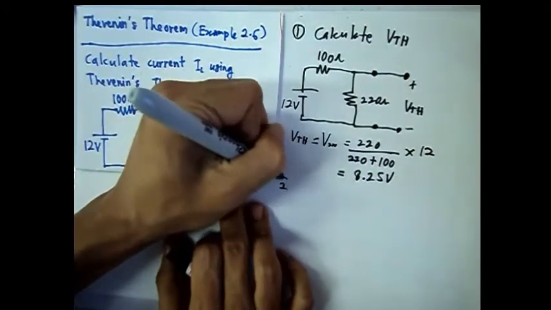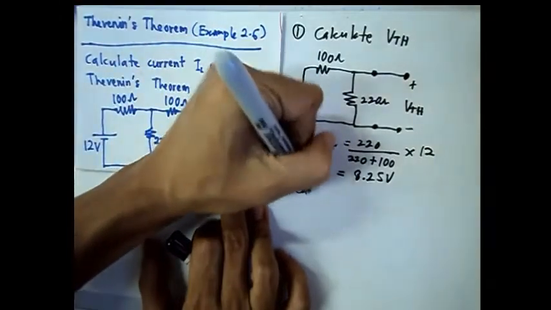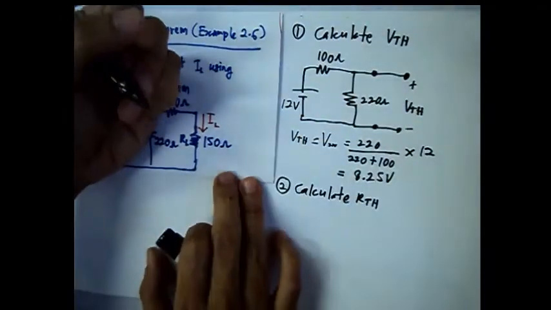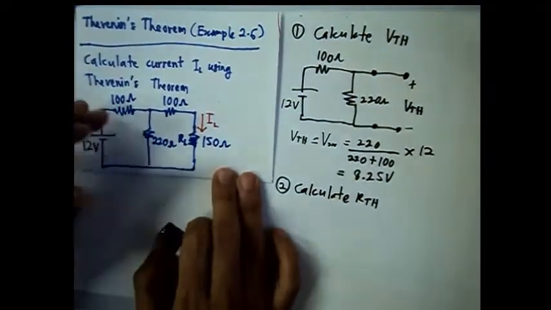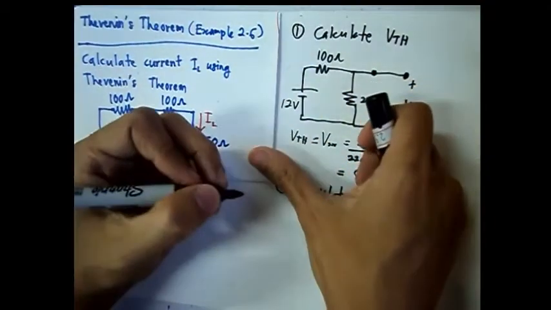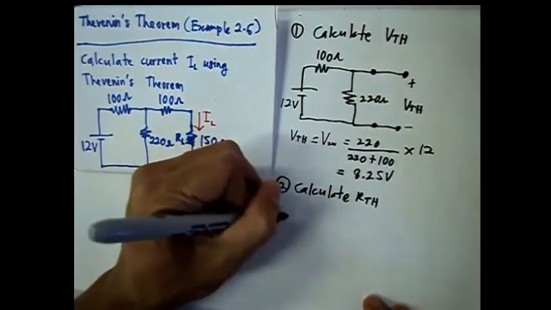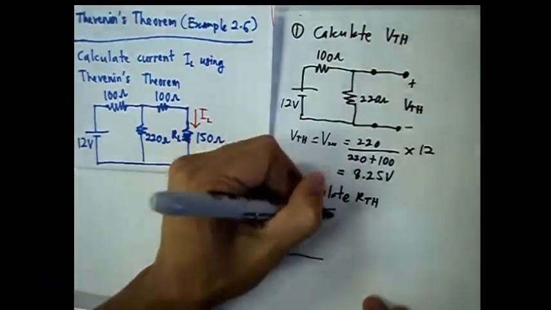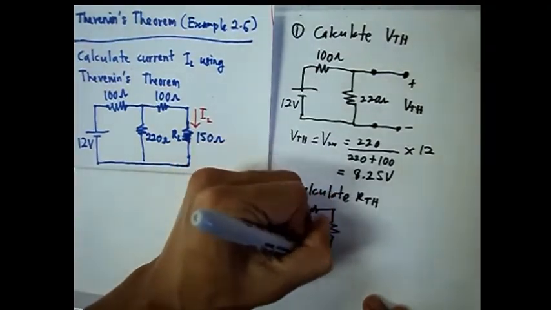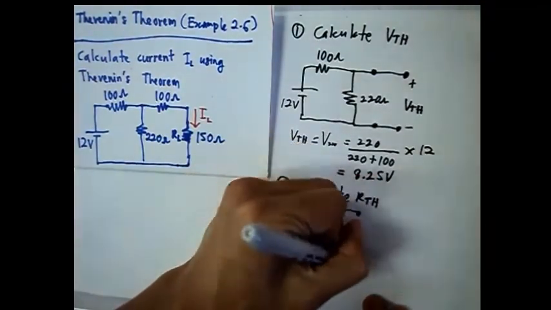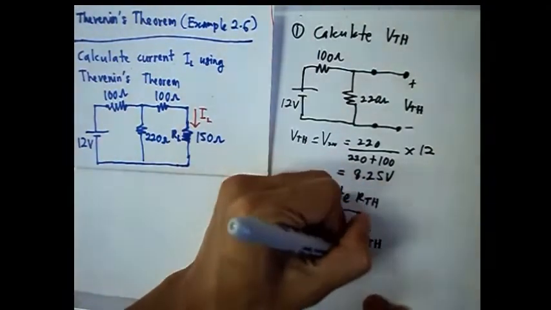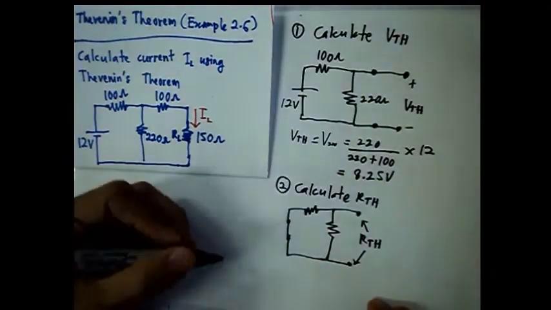Now the second step, calculate RTH. We remove the 12 volt supply from the circuit and replace it with a short wire. Now our drawing will be like this. So this is our RTH, referring to these two points.